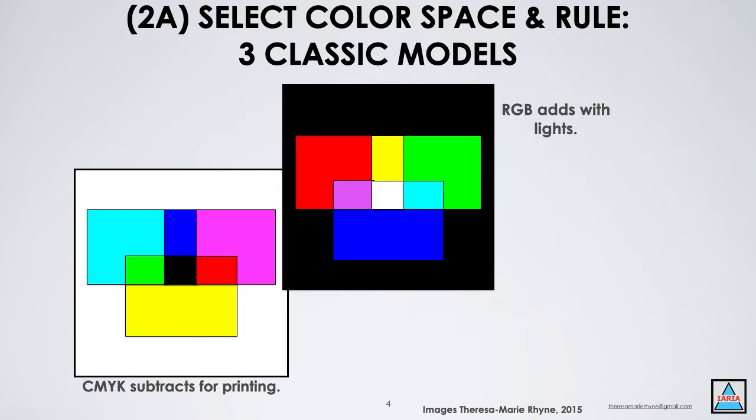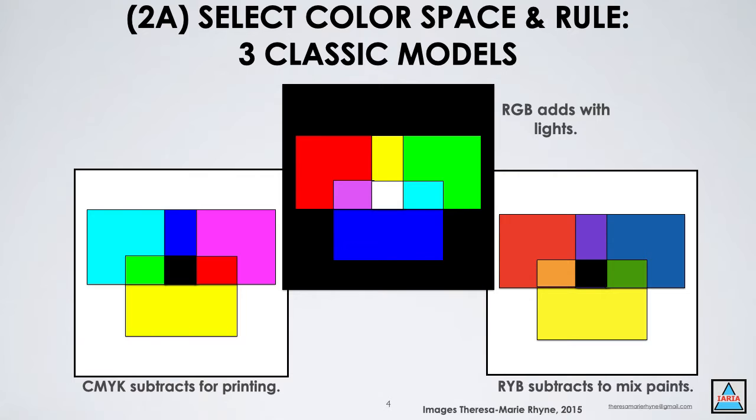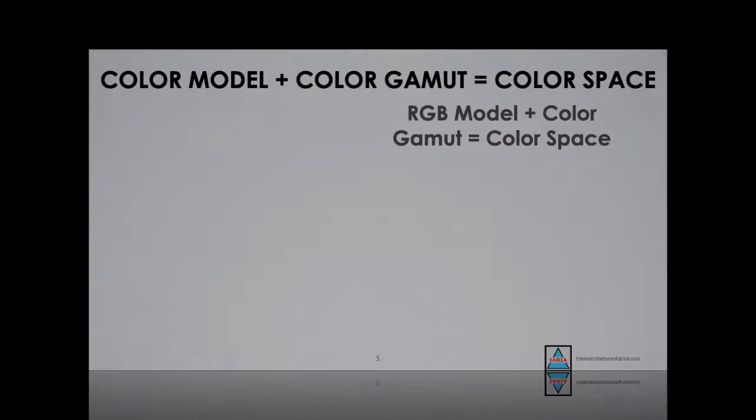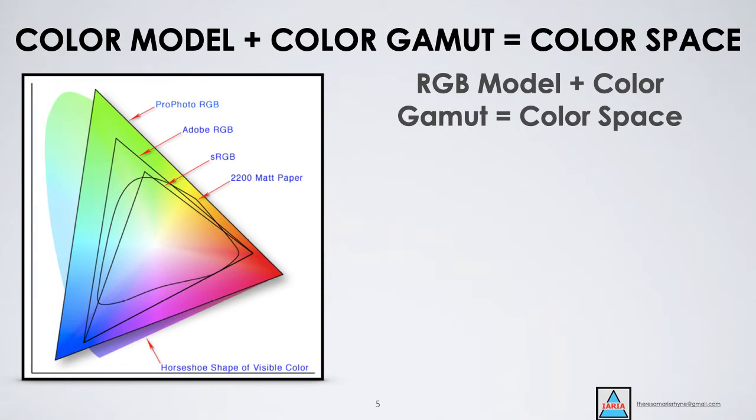That's what you see when you print out something or when you look at something in a magazine. And then there's the one we learned when we were in kindergarten, and lots of very well-known painters have used, which is red, yellow, and blue, which is actually mixing with paints. Now you're going to see RGB is called additive, and CMYK is called subtractive.